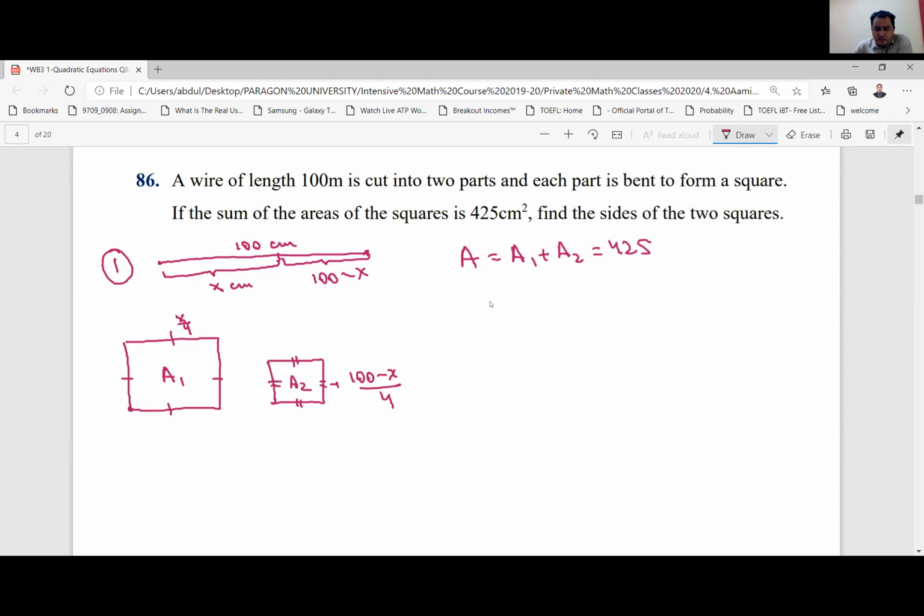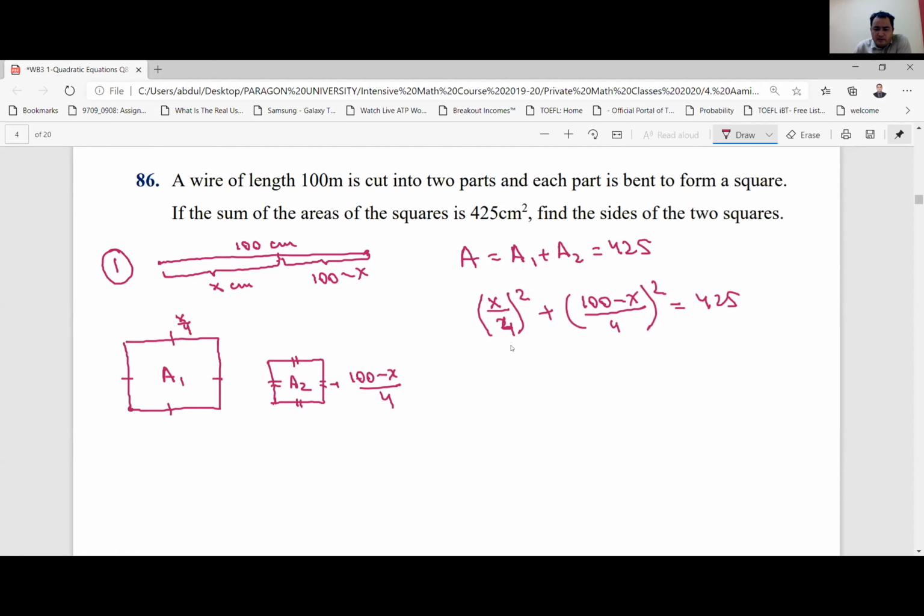From here, what is X? And also another mistake there, Amira, you didn't use parentheses. When you're writing an algebraic expression, always use parentheses. Here we have squares, right? (X over 4) squared plus ((100 minus X) over 4) squared, that's equal to 425.